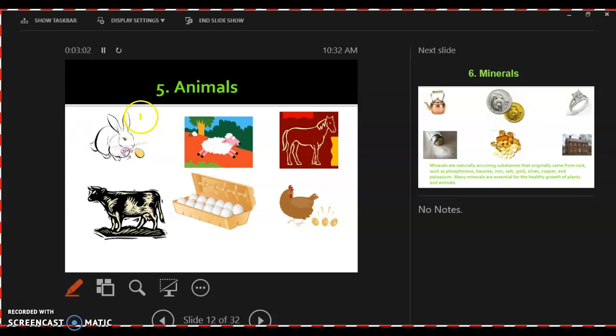Animals. So cows, chicken. We get eggs from chickens. We eat chicken. Horses are used, like in third world countries, for power. We don't necessarily use them here anymore for power. Rabbits, a lot of people show rabbits or have rabbits in their classrooms.